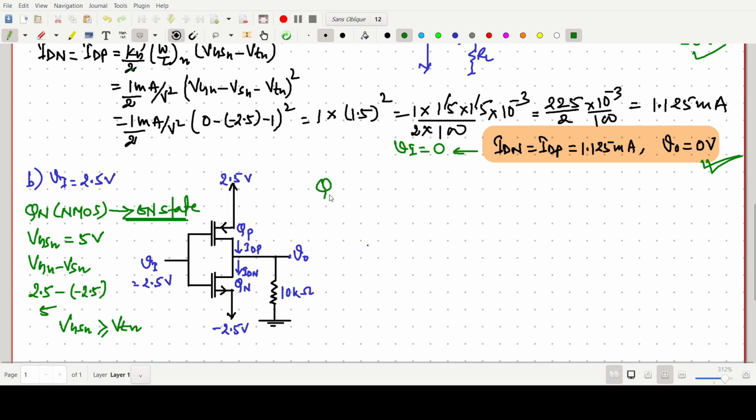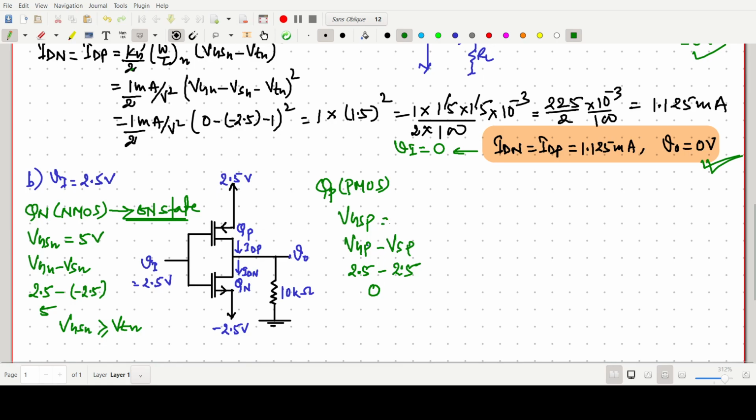Now for the QP, PMOS. Okay, now find VGSP. So VGP minus VSP. VGP is already connected here, so 2.5 volt minus VSP. The VGP is 2.5, 2.5 volt. Okay, so it should be 0 volt.